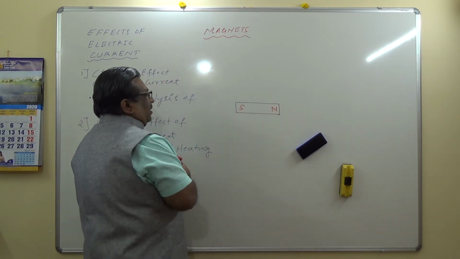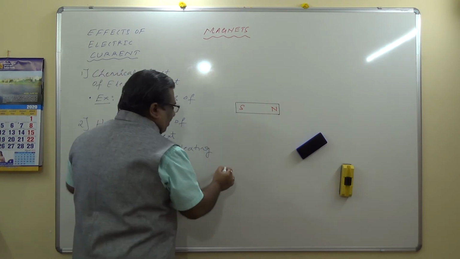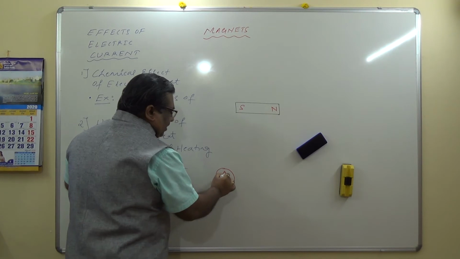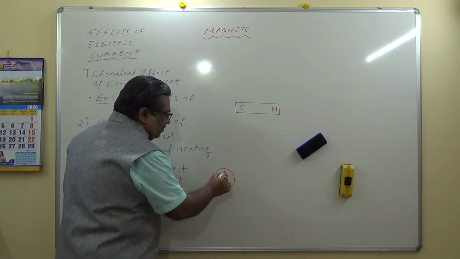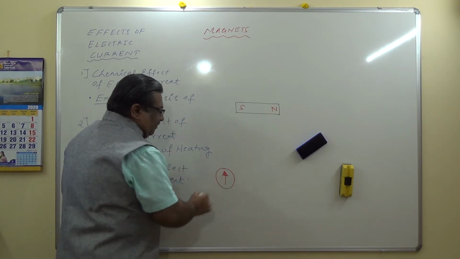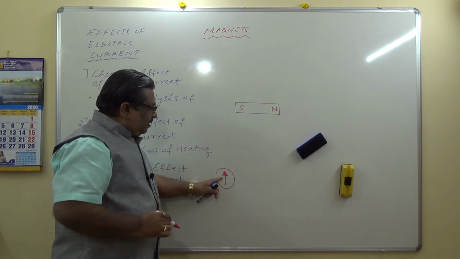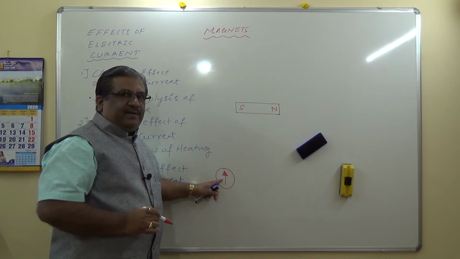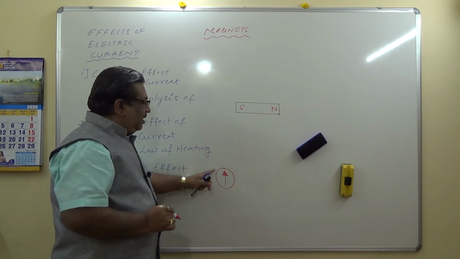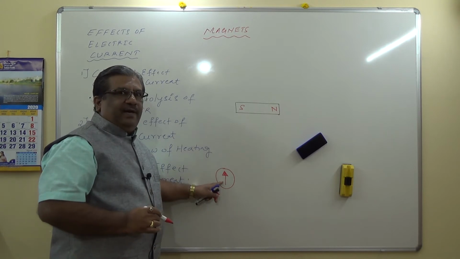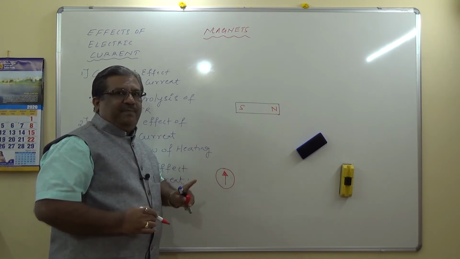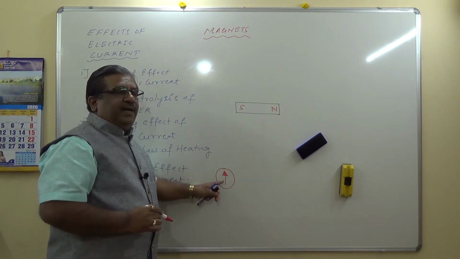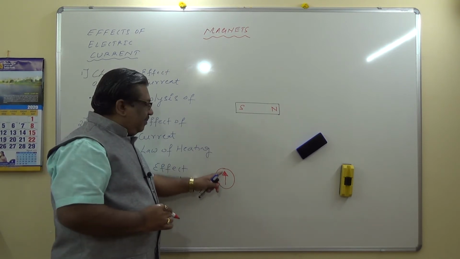You should also know that in a magnetic compass, generally the north pole of the compass is marked red. So this is called the pointer in the compass. The direction of the pointer means the direction indicated by the north pole of the compass. Do you understand?